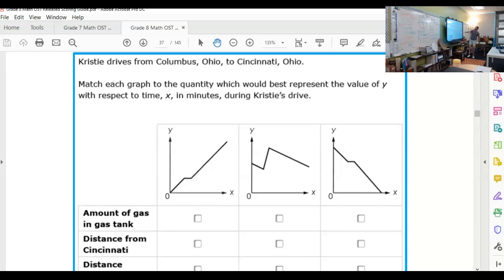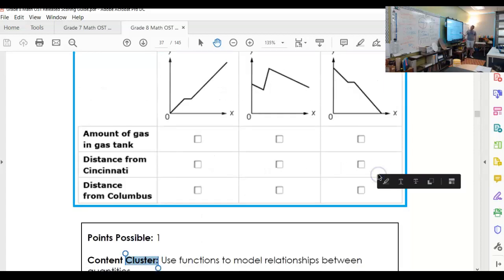So would it make sense for my distance to be getting smaller and then dramatically farther? Not unless I took a really bad wrong turn and didn't realize for a long time. And then somebody should check my GPS, or if I know the difference between north, south, east, and west. So that's not distance from Cincy, so this must be. Meaning, this is our gas because we stopped and got gas.